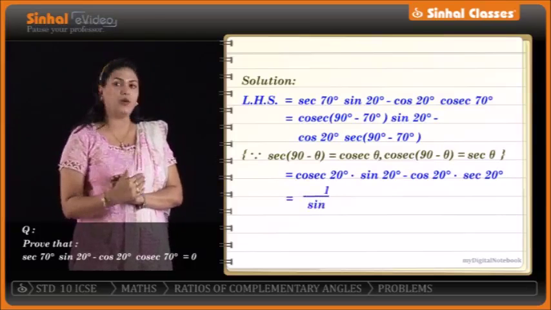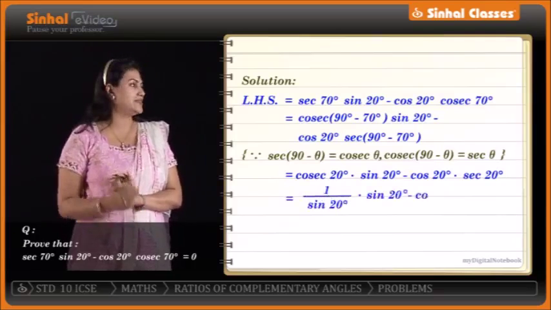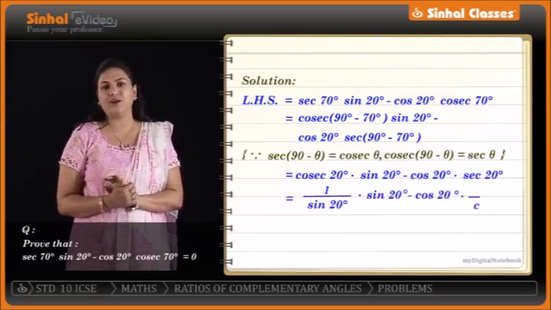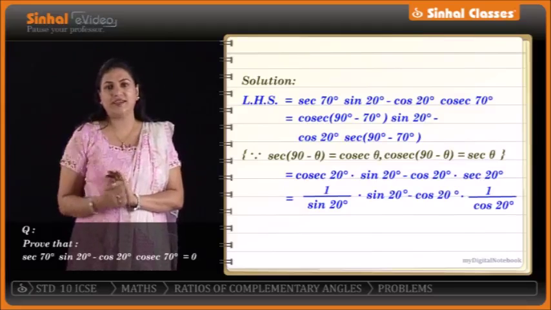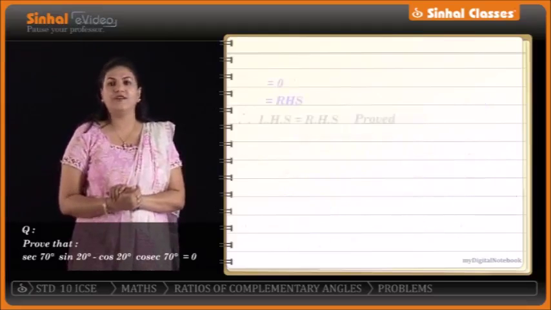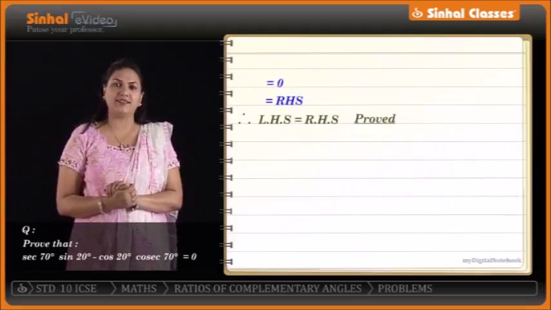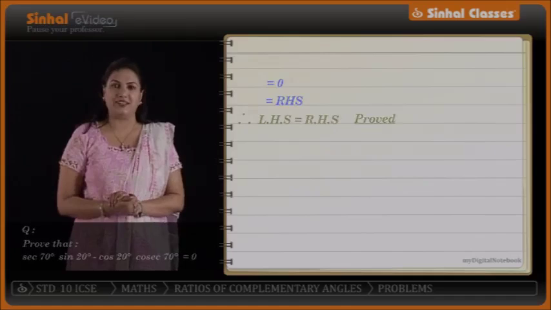We get 1 upon sin 20 into sin 20 minus cos 20 into 1 upon cos 20. Now sin 20 cancels, cos 20 cancels. We have 1 minus 1, which is 0, which is nothing but our right hand side. So we have proved LHS equal to RHS.